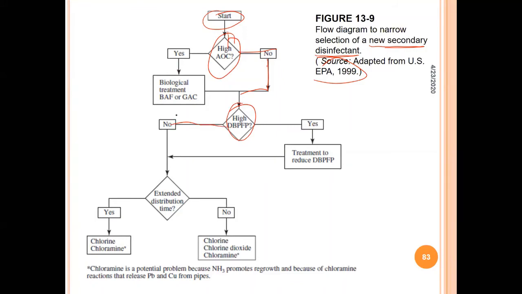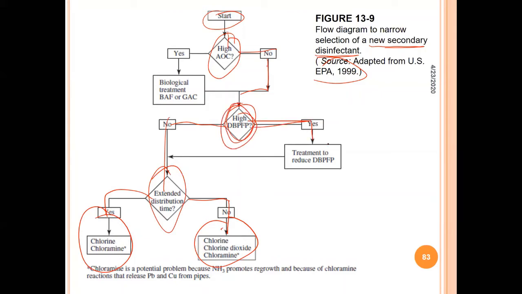If there is no disinfection byproduct formation potential, then we see the distribution time. If it is not that high, then we go for this one. If it is high, then we go for this one. If disinfection byproduct is very high, then we have to do certain treatment to reduce disinfection byproduct formation potential, and then we go again to this logic.